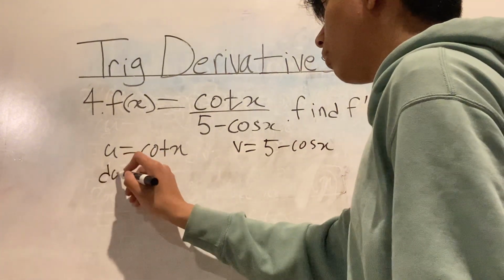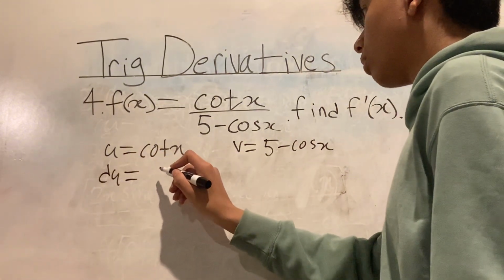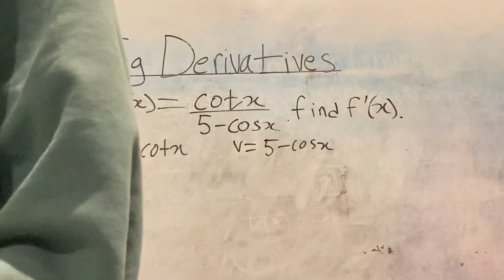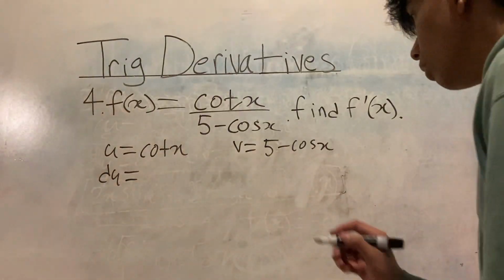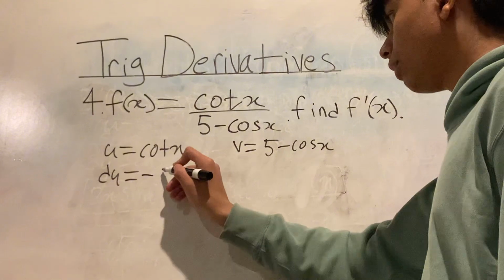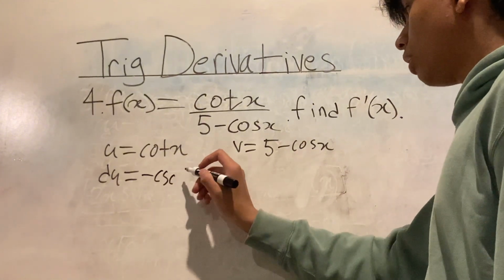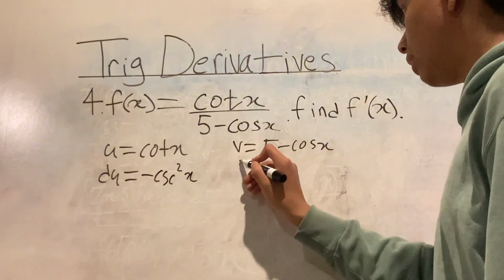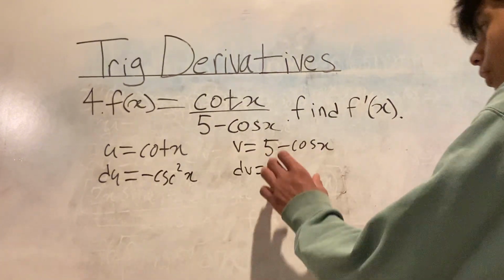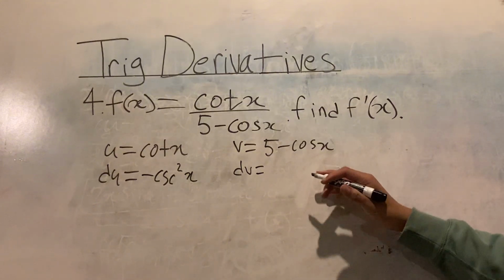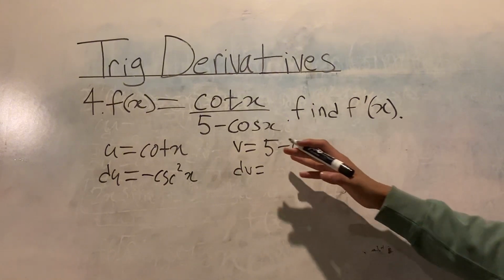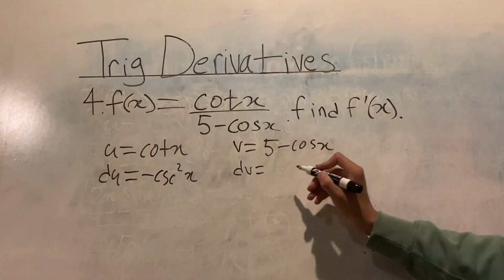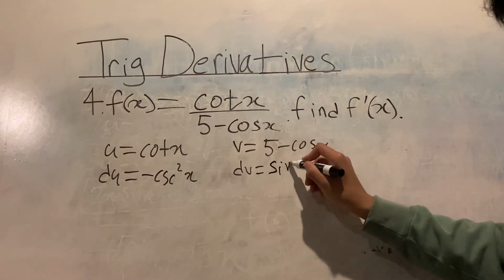And du is going to equal negative cosecant squared x. And dv, the 5 is a constant, so it's just 0. And cosine x, the derivative of cosine x is negative sine x. But since there's already a negative in front of it, this just becomes sine x.